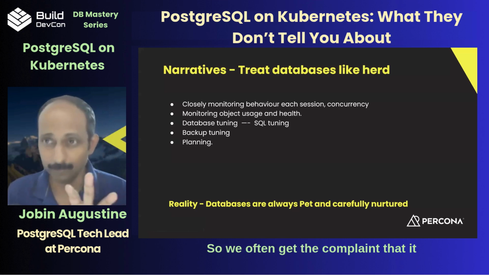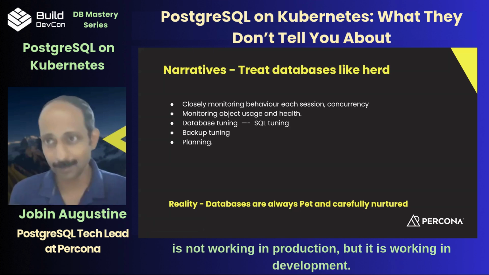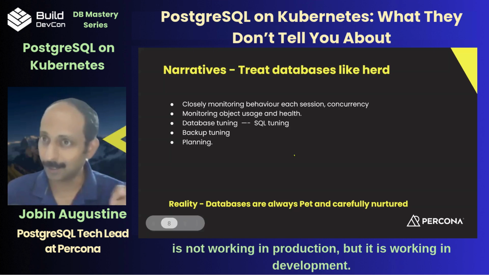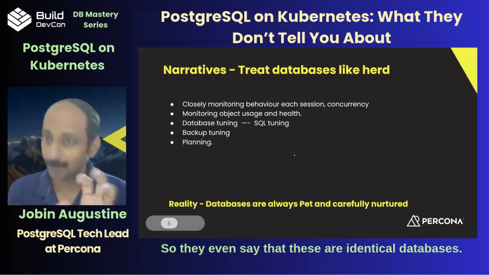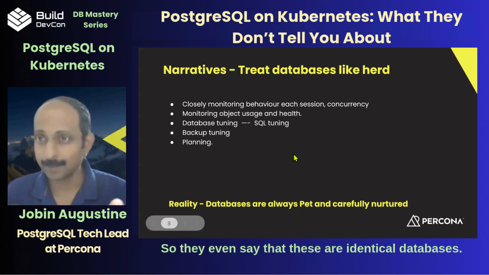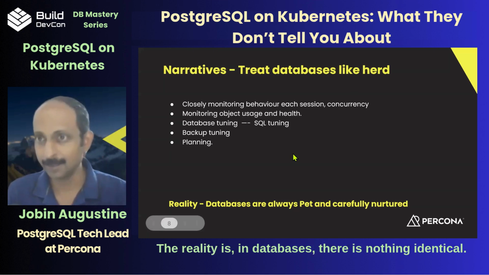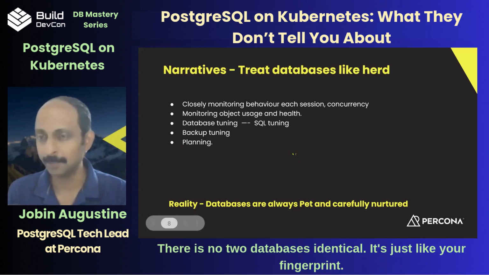We often get the complaint that it is not working in production, but it is working in development, because the assumption is both are identical. They even say that these are identical databases, but the reality is in databases there is nothing identical. There are no two databases identical. It's just like your fingerprint.